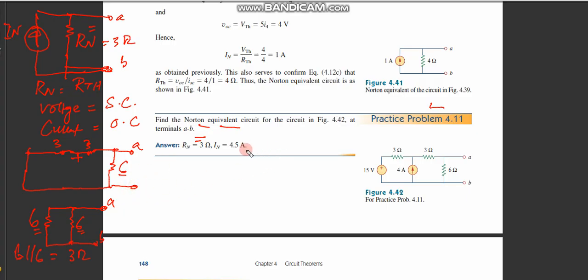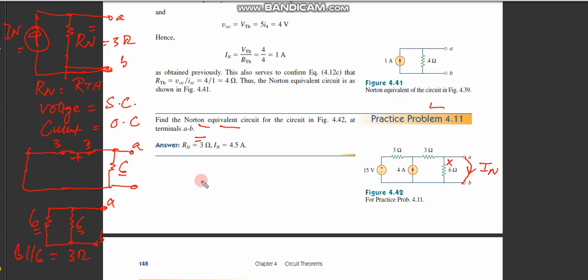Now to find the value of In, we need to redraw the circuit again. I would make this a short circuit over here, so this will be my In. By definition, this 6 ohm resistor is in parallel with the short, so it would disappear.